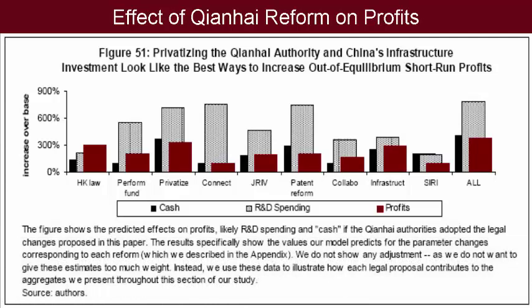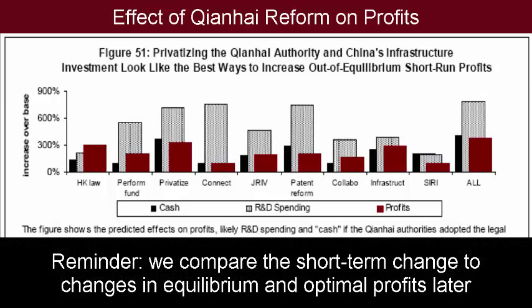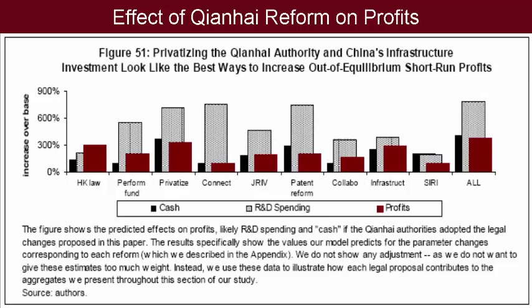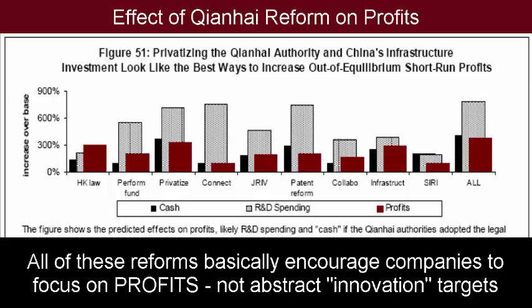In terms of impacts on these profits, we see that privatizing the Qianhai Authority and adopting certain parts of Hong Kong law would generate the largest impacts on profits out of equilibrium. Or in other words, they would give the largest growth boost to these companies before looking at the way they increase these companies' long-term profitability potential. And what we see is that the application of a very simple idea to Qianhai, increasing the profit incentive of these companies.